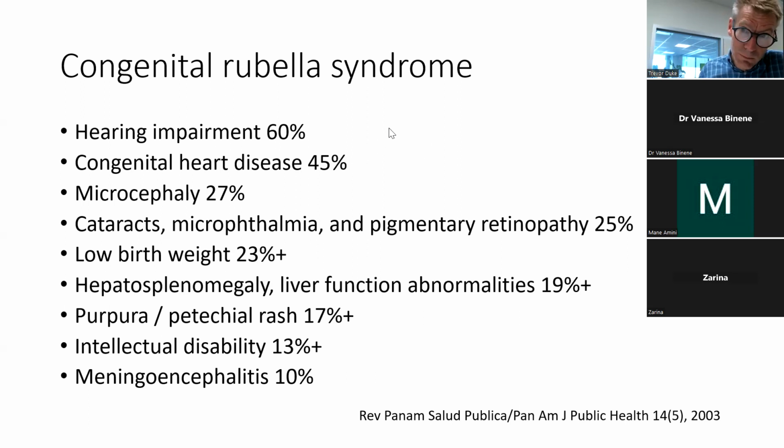So hearing impairment is the biggest one, 60%, congenital heart disease in 45%, microcephaly in just over a quarter, and eye problems like cataracts or pigmentary retinopathy that leads to blindness in about a quarter as well. So it's just worth knowing how common this is. So 1 to 2 per 1,000 live births. And of those babies, then many of them have these abnormalities.